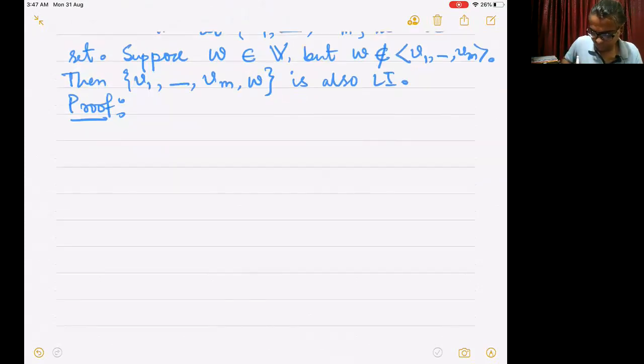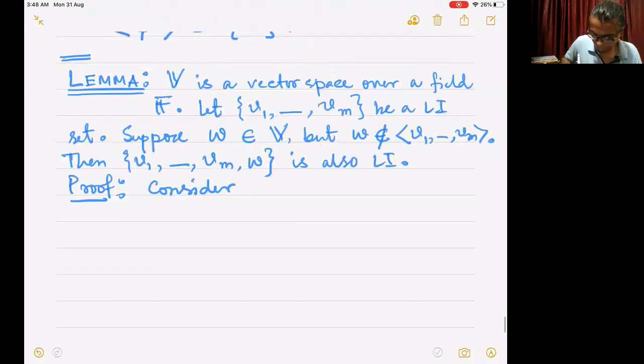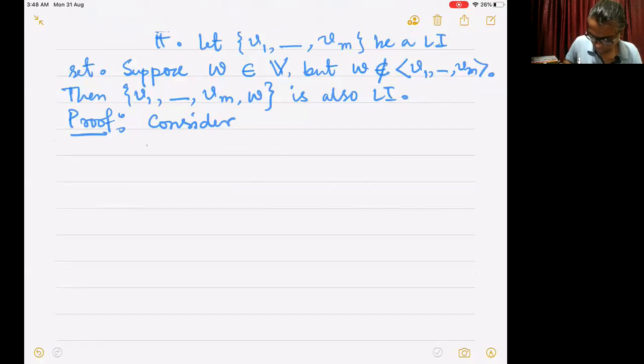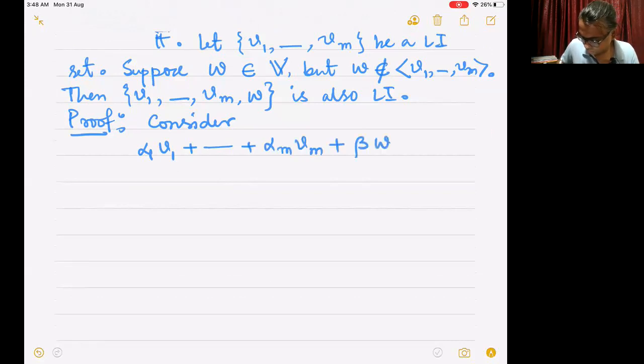So how do we do this? Consider alpha 1 v1 plus dot dot dot up to alpha m vm plus beta w is equal to 0.